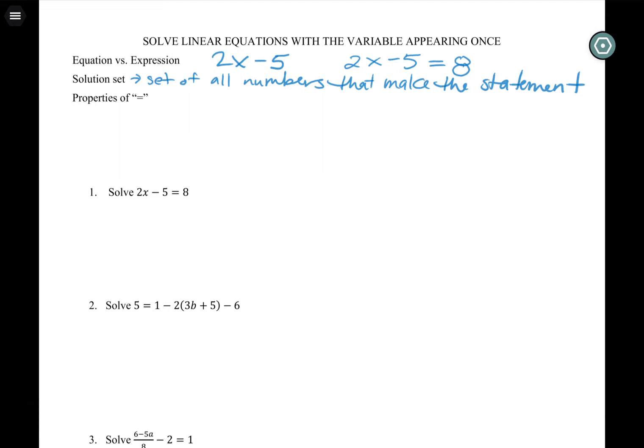An equation, you're looking for values that make the equation true. An inequality, you're making the inequality true, but still we're talking about the solution set. What makes the statement true?